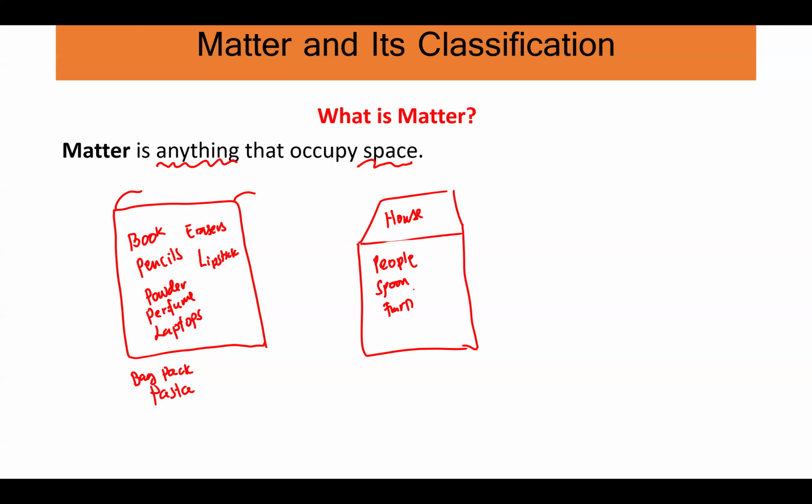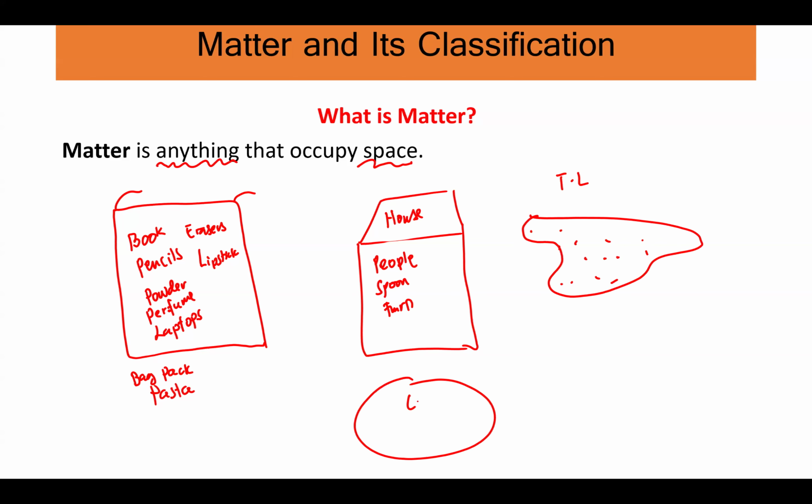Go bigger, go to countries. If you consider Timor-Leste as a space, anything that occupies the space of Timor-Leste is matter. That includes stones, minerals, or whatever. If you consider the globe, the Earth, anything on the Earth occupies space.